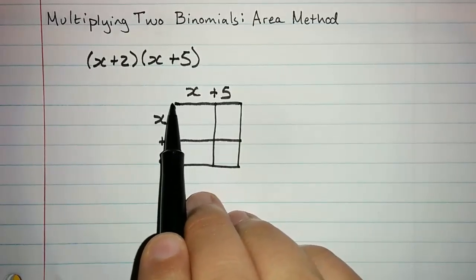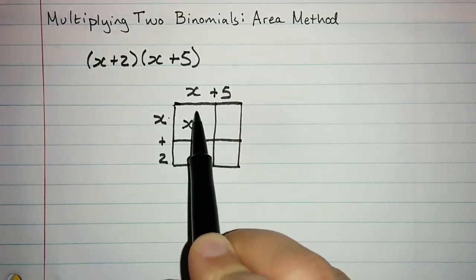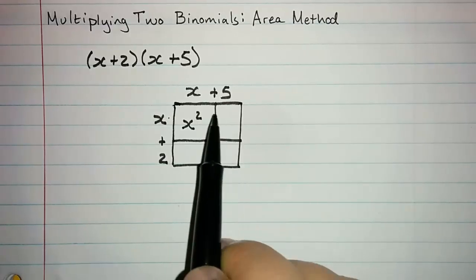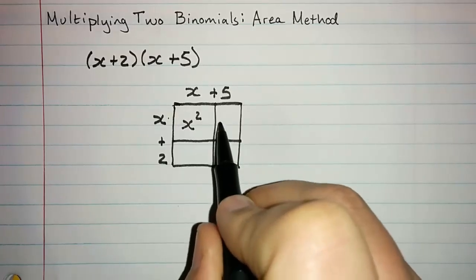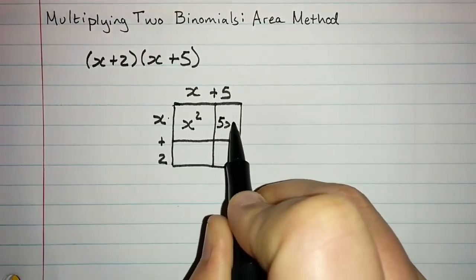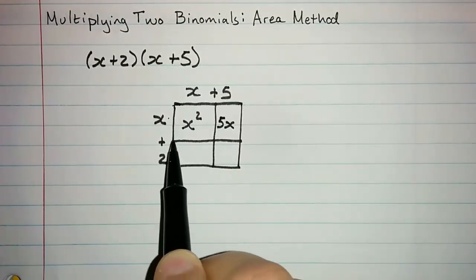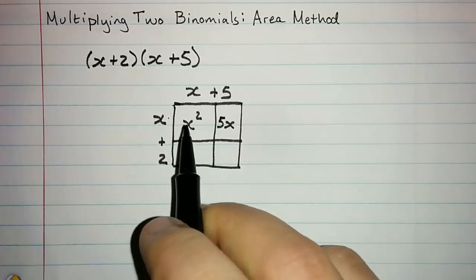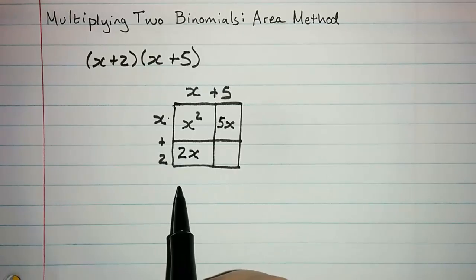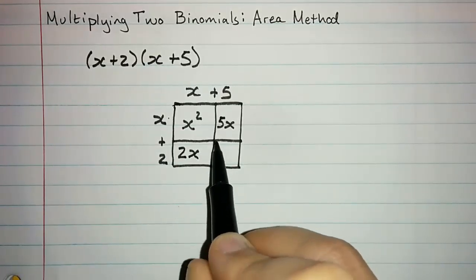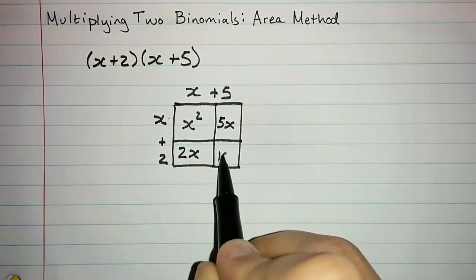This rectangle has height x and width x, so its area will be x times x. This rectangle has height x and width 5, so it has area 5x. This rectangle has height 2 and width x, so it has area 2x. This rectangle has height 2 and width 5, so it has area 2 times 5 is 10.